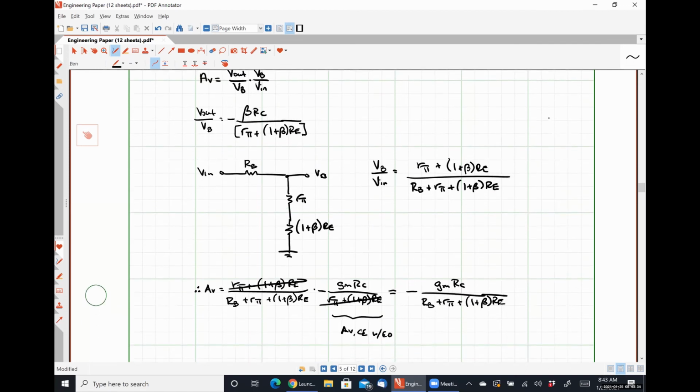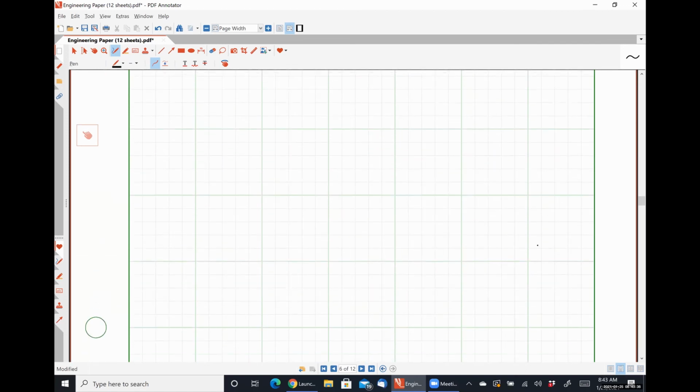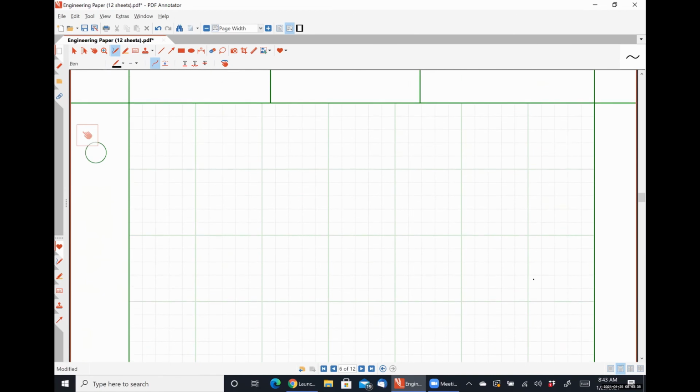So if we looked at common emitter with a full bias circuit.